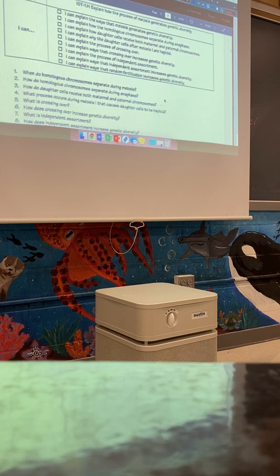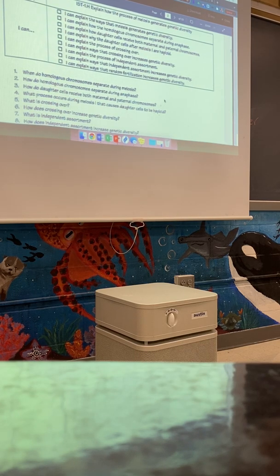Independent assortment says it doesn't matter if your maternal or paternal chromosomes line up on the left or right. Depending on how those go, you could theoretically create a gamete that had 100% maternal chromosomes, 100% paternal chromosomes, or some variety. You figure it out by doing 2 raised to the power of tetrads.